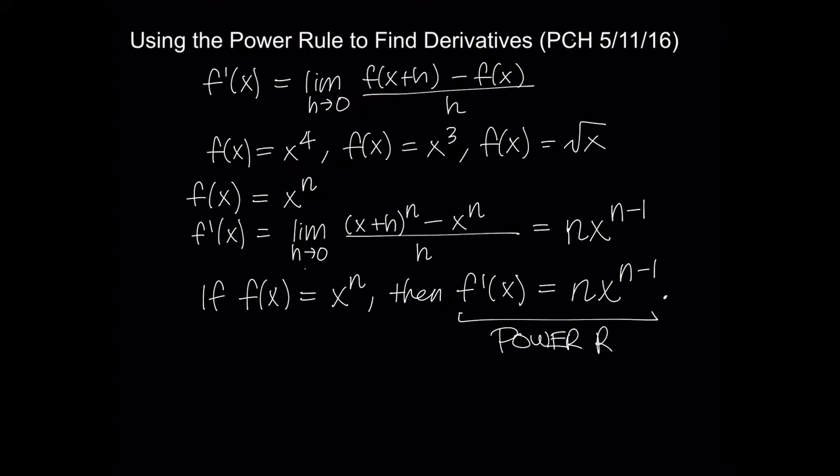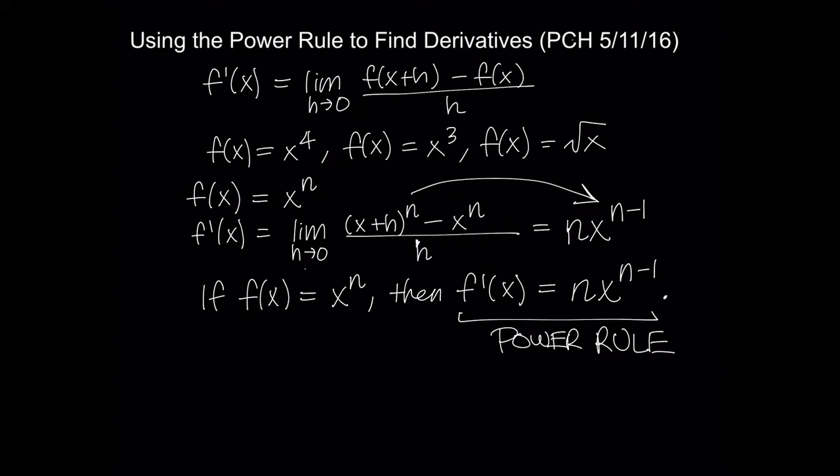Now, I encourage you to do the in-between steps that got us from this step to this step. It requires the binomial theorem. Okay? All right. So let's do a few quick examples so that you can get used to the power rule.